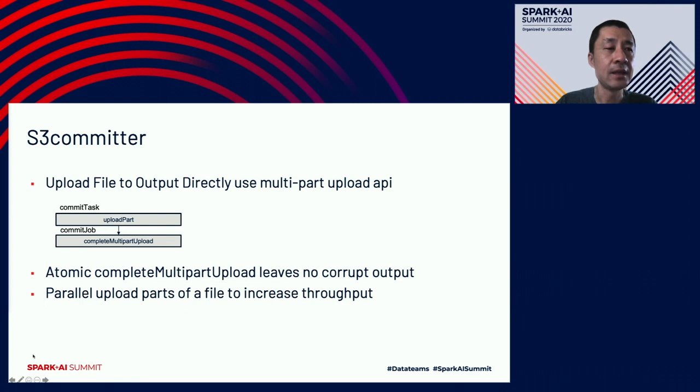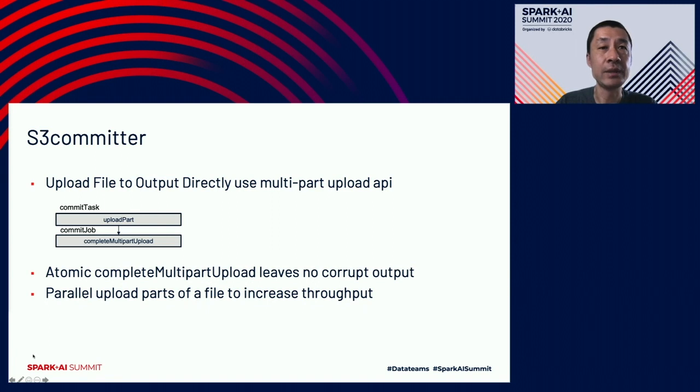In the task, the S3 committer will write the output to the local disk. After the task succeeds, inside commit task, the S3 committer will invoke the upload part API to upload the output from the local disk to S3. However, the output is not visible yet. The S3 committer will invoke complete multipart upload later in commit job after all tasks finish successfully.